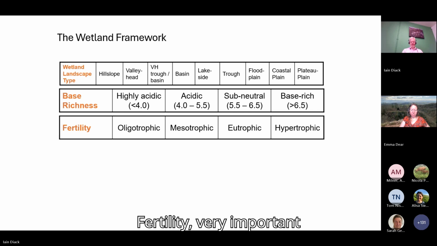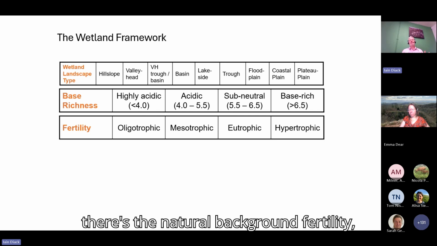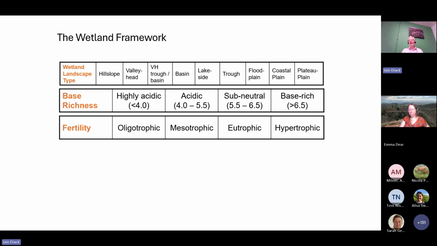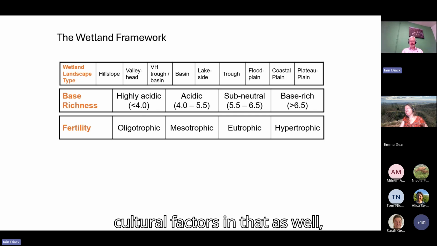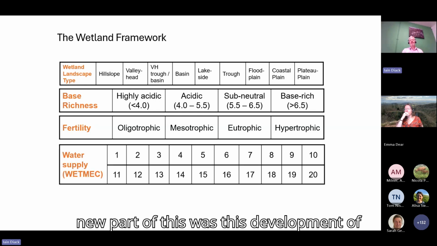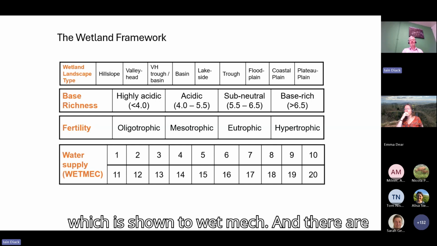Fertility, very important again in determining what you end up with. And of course, there's the natural background fertility, which is driven by catchment processes and geology, and there's obviously cultural factors in that as well, which need a secondary consideration. The really new part of this was the development of water supply mechanisms, which is shortened to WetMech, and there are 20 of those.